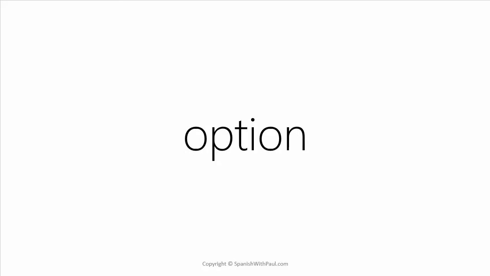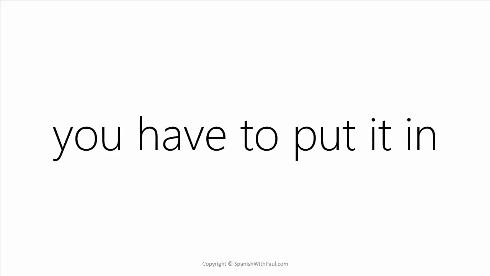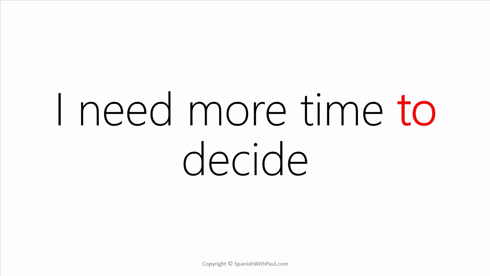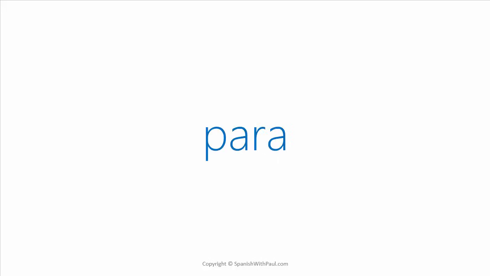We can put in order to in the sentence, or we can leave it out. Now, in Spanish, you don't have that option. You have to put it in. So to summarize, whenever this to in English implies in order to, you will throw in the word para in Spanish.